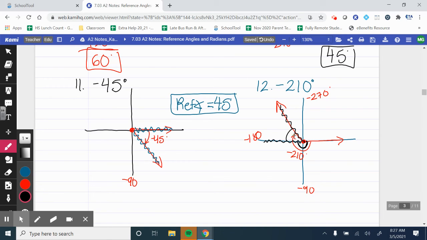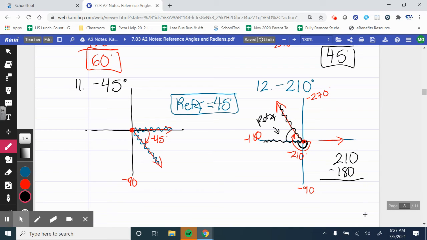I know from here to here is 210. So how can I find just this squiggle part there, just the reference angle? Hopefully you're thinking that if you take that full red angle of 210, ignore the negative because that's just telling our direction, and subtract 180, again ignoring the negative because that's just direction.